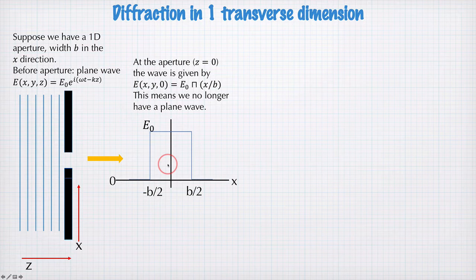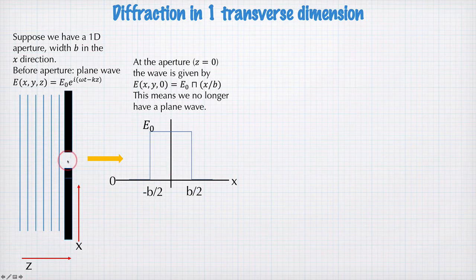And so if we think now about the direction that the wave is propagating here, then we have to think about what the values of kx are in this waveform. Because it's no longer a plane wave, we must have other values of kx.